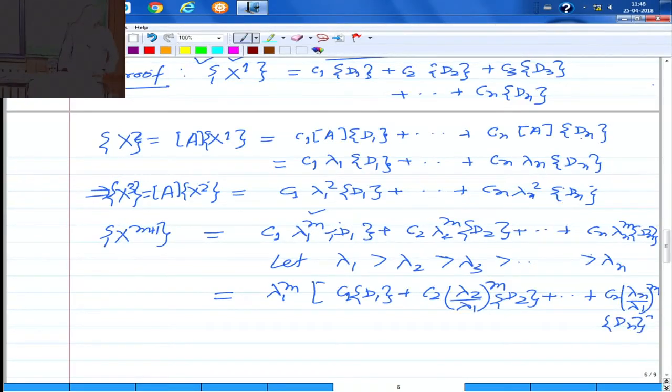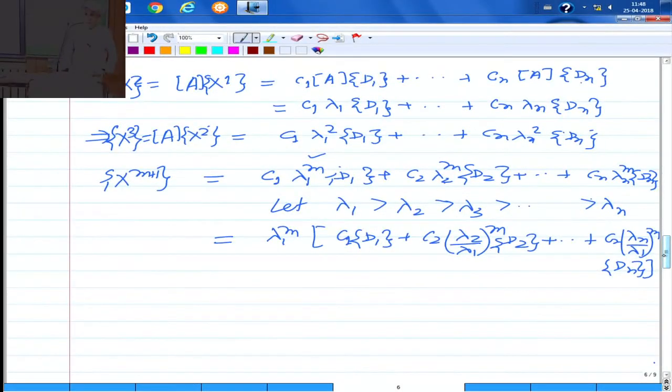So this is what I will have, right? Now since I said that the eigenvalues are arranged in this manner, lambda 2 by lambda 1, when you raise to a higher power, is going to approach 0. So all these terms would approach 0.